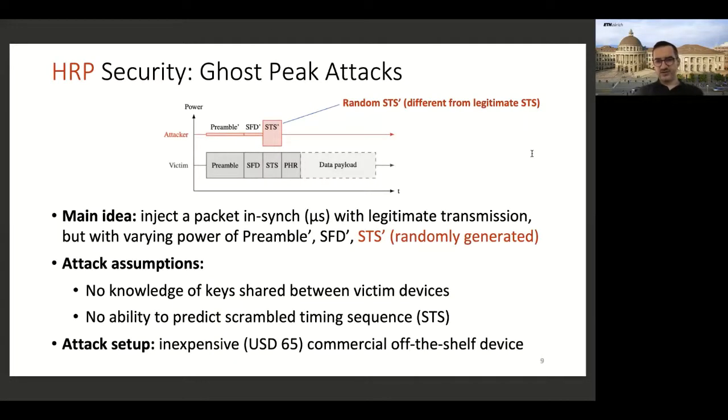To give you a little bit of an intuition of how this HRP ranging works, it's essentially a challenge-response protocol, in which packets are being exchanged between the sender and the receiver, right? It's a simple protocol where a car sends a challenge to the key fob.